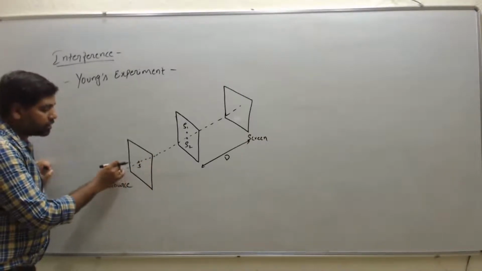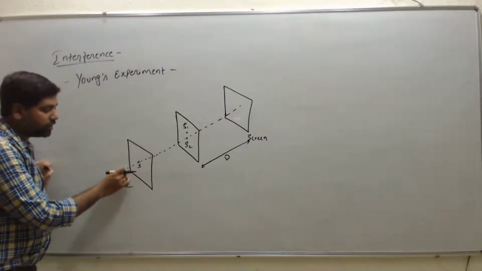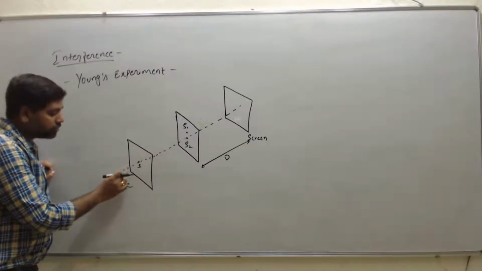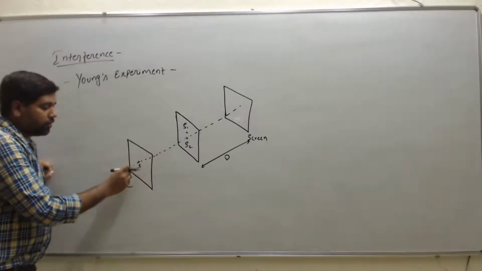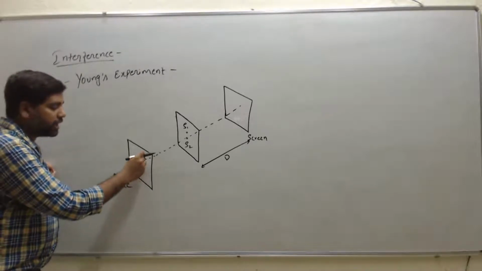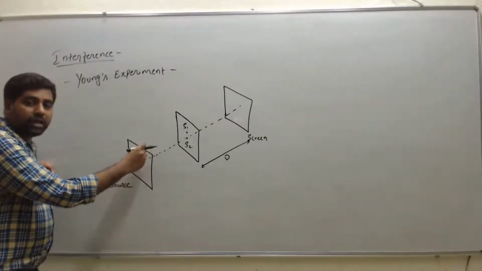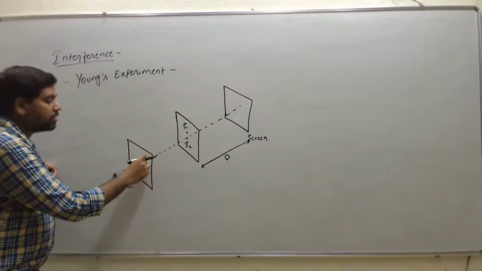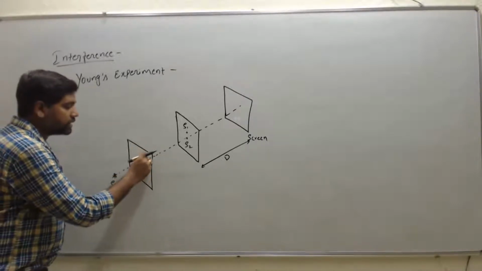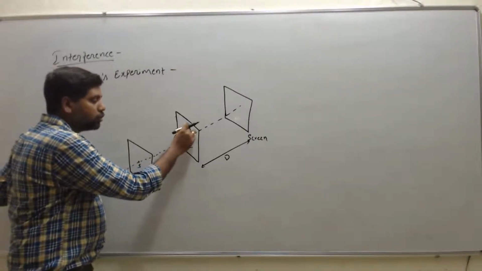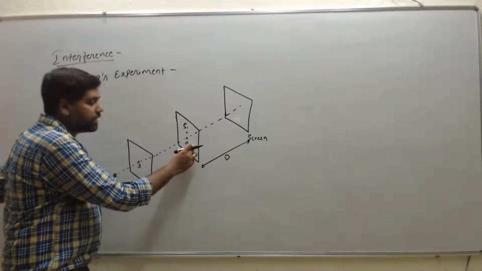The light waves emanating from this source fall onto the pinhole S. The waves emanating from the source are in phase, so when they fall onto S, the waves are in phase only. Then the waves emanating from S reach the second screen and fall onto the two pinholes S1 and S2.